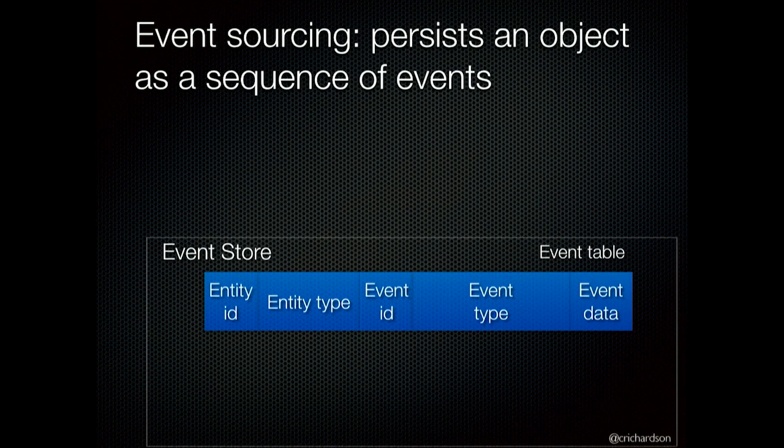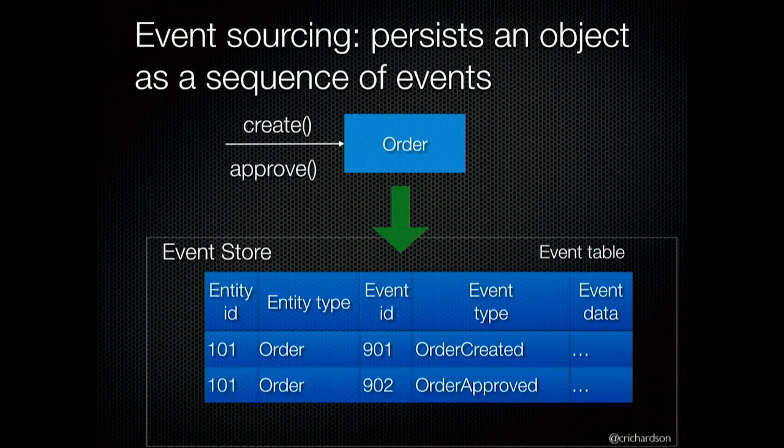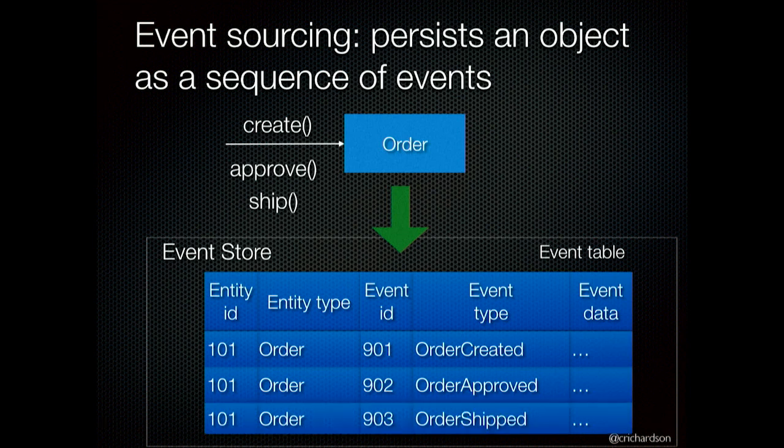Basically, there is an event table that stores the events. So when you create an order, you insert an event into that table. When you approve the order, you insert an order approved event. And when you ship an order, you insert an order shipped event. And this is the source of truth as to the state of your order.